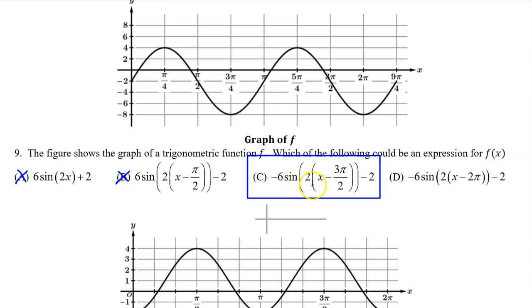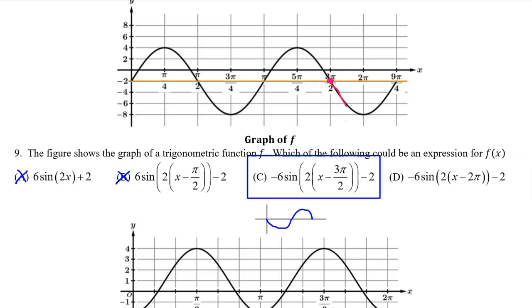Focus your eyes on option C. C is an upside down sine function. So option C is going to have this type of shape to it. Option C has a c value of negative 3 pi over 2. Therefore, it has a phase shift of positive 3 pi over 2. So one period of option C will begin at 3 pi over 2.